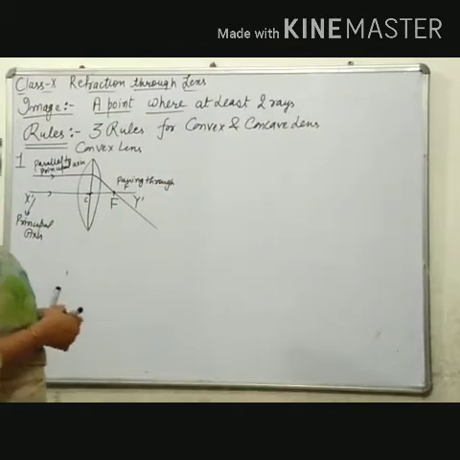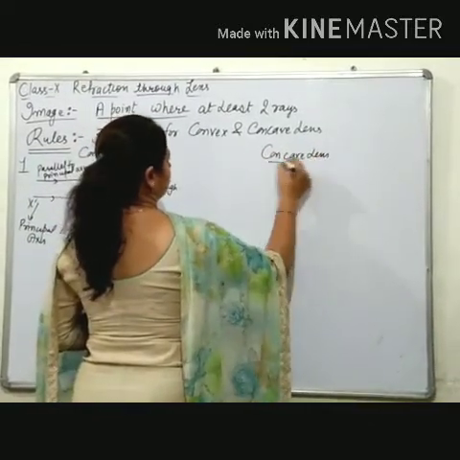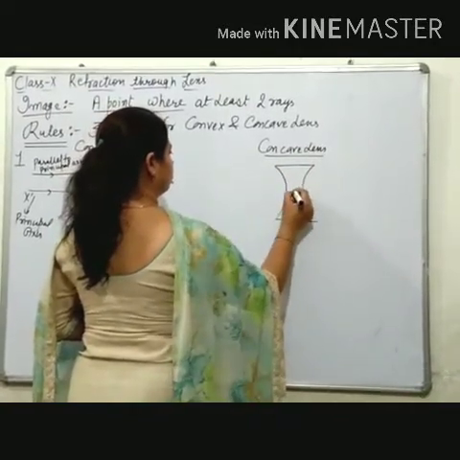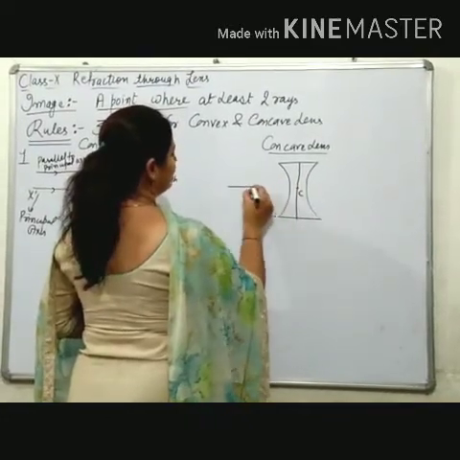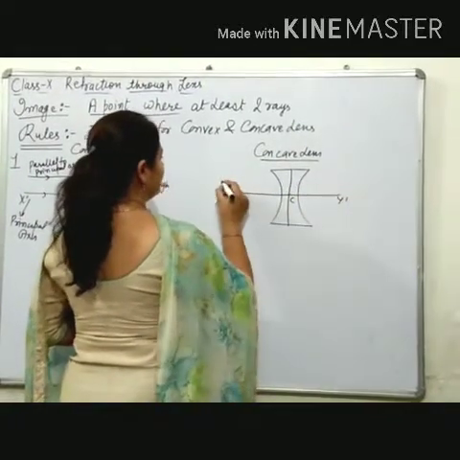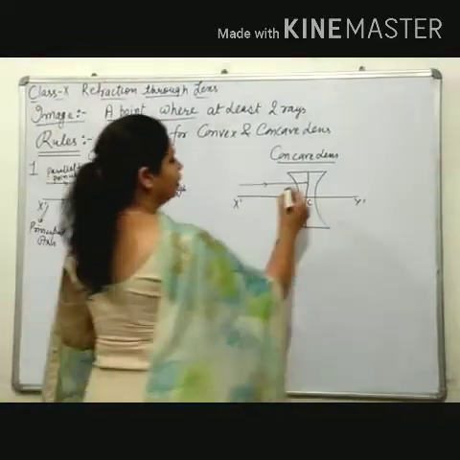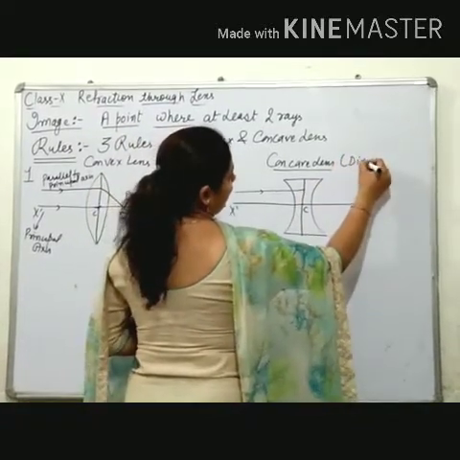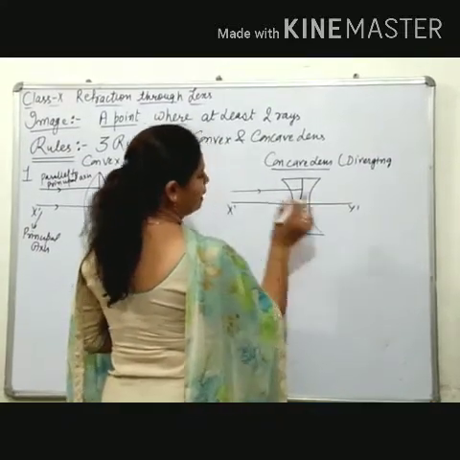Same is the case with concave lens. This is the aperture, this is the optical center, and this one is the principal axis x dash y dash. If there is a ray that is parallel to the principal axis, after refraction, due to its diverging nature, it will not move towards the principal axis.